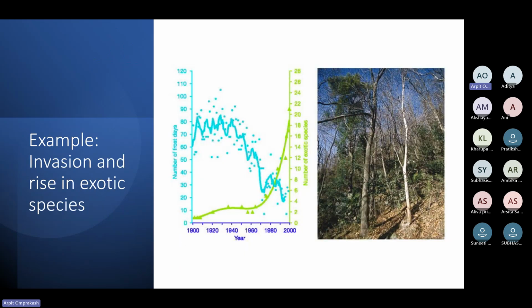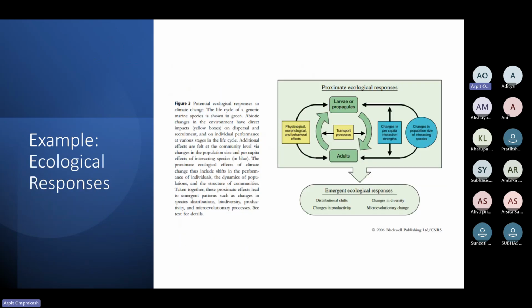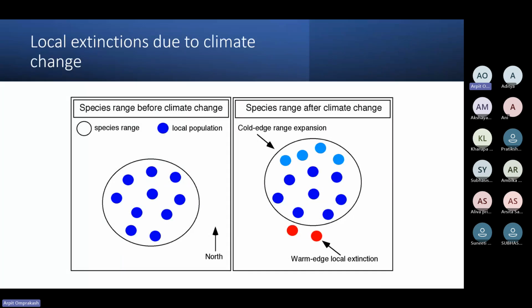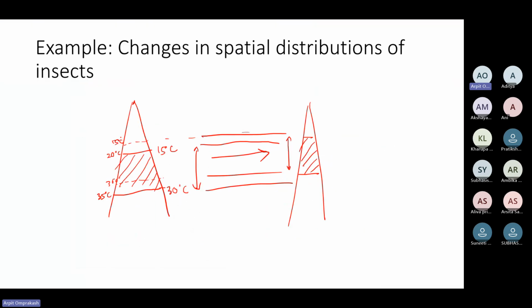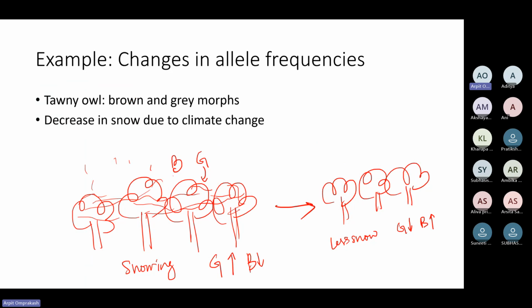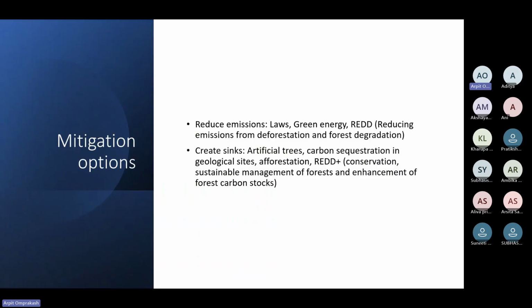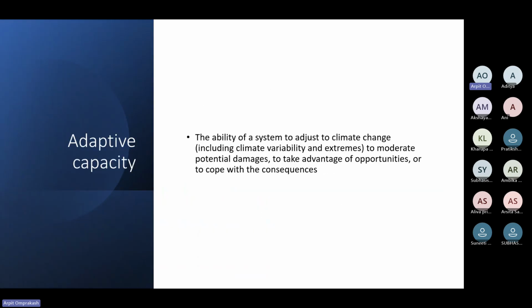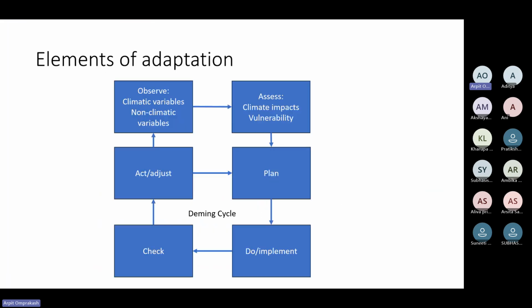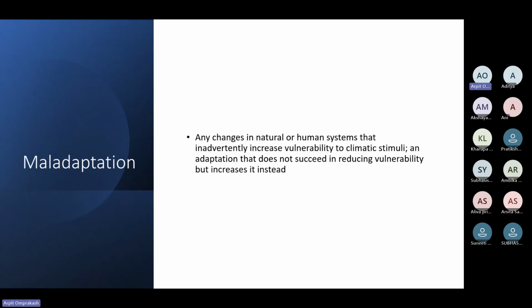Due to climate change, we talked about rise in exotic and invasive species, ecological responses. We talked about local extinctions, changes in spatial distribution, and changes in allele frequency. Then we talked about how we can mitigate and adapt to climate change, and what are the different options for mitigation and for adaptation. And yeah, basically, what is maladaptation?